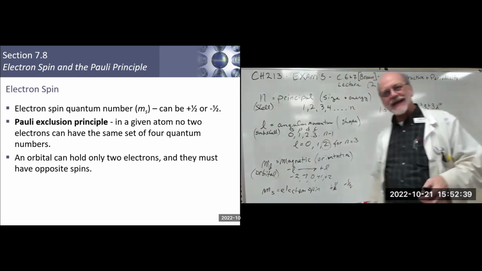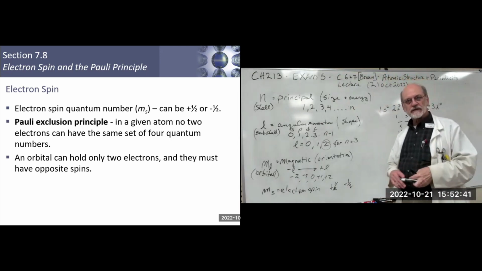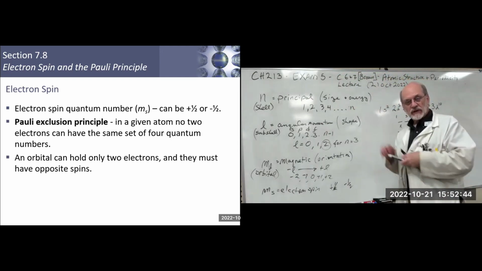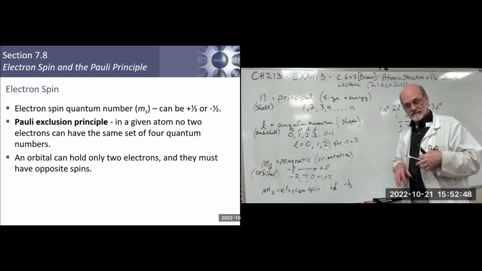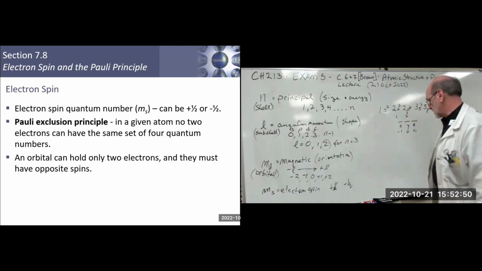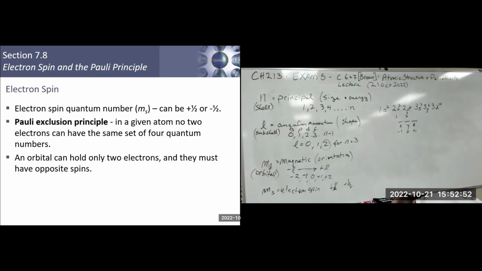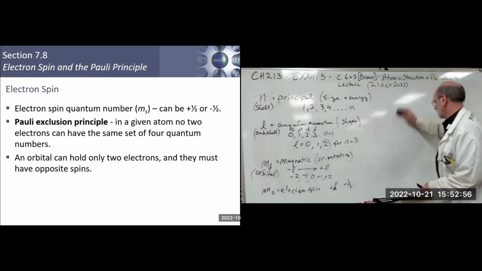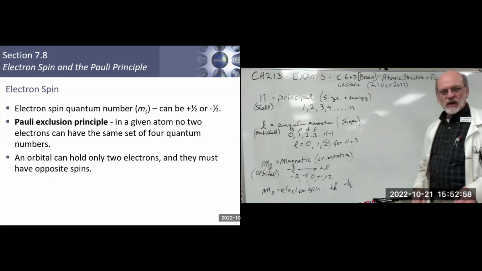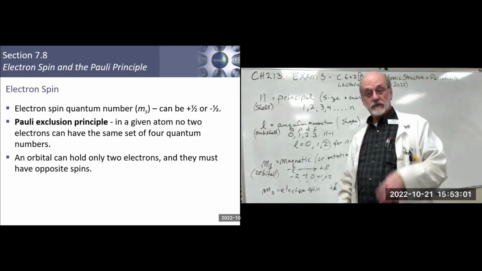Now we have some guiding principles that we need to follow when we're building atoms so that we don't violate any physical laws. The first one is the Pauli exclusion principle, named after Pauli.